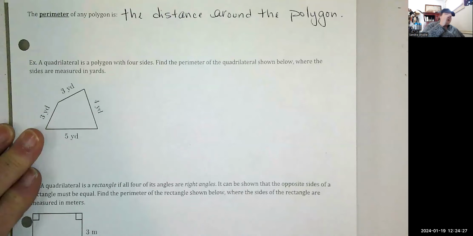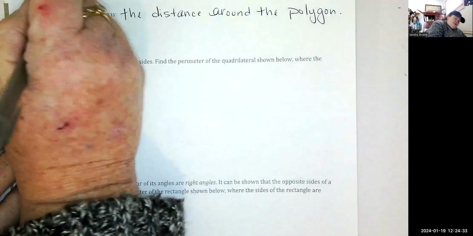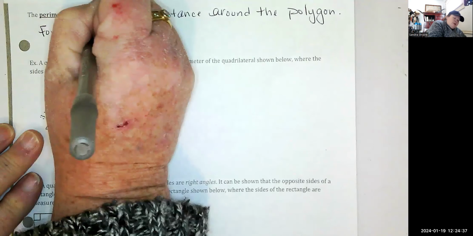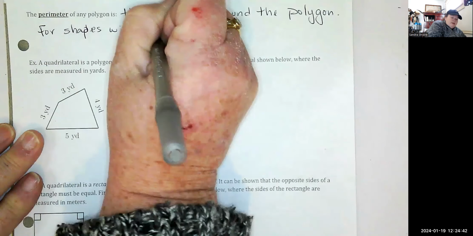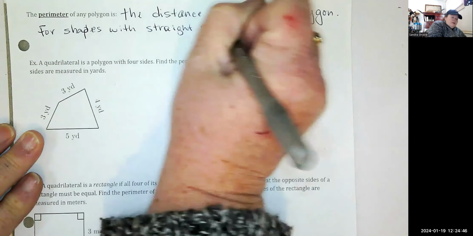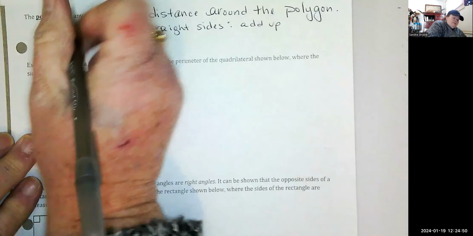Okay. For shapes with straight sides, you're just going to add up all the sides. So for shapes, not shades, shapes with straight sides, you're going to add up all of the sides.